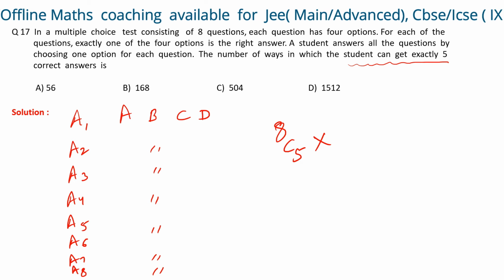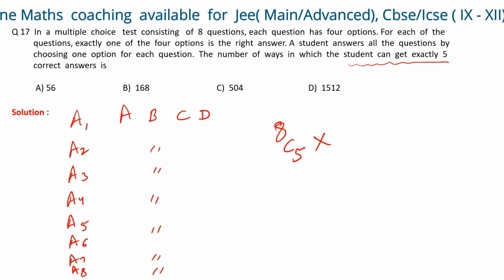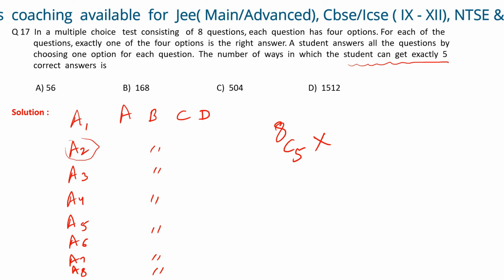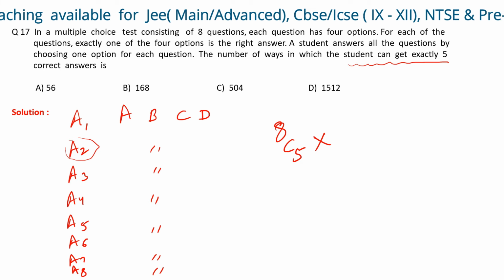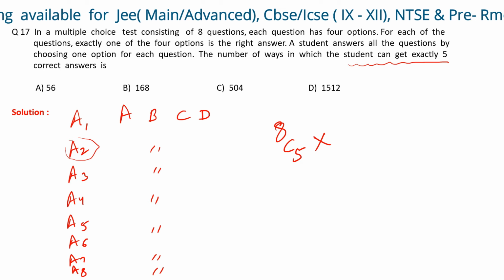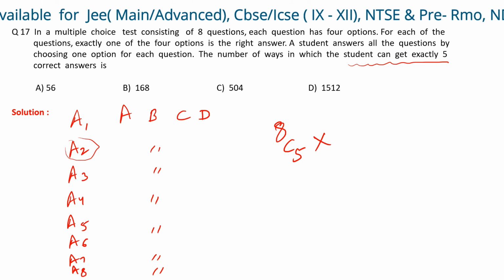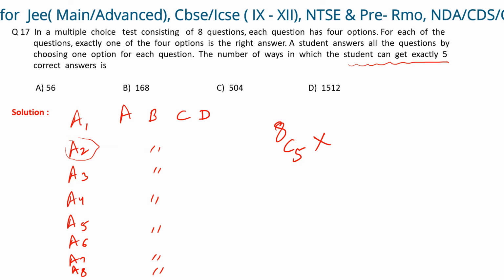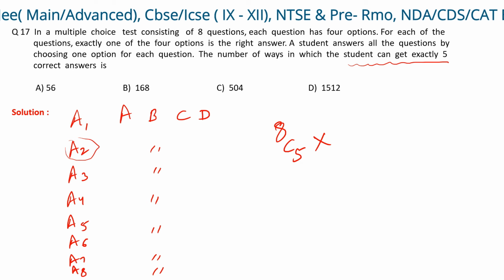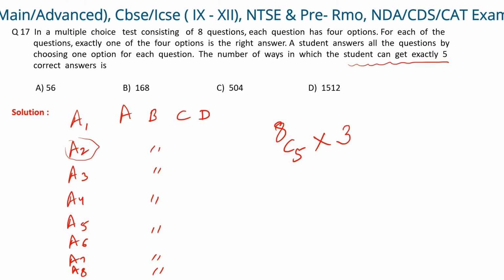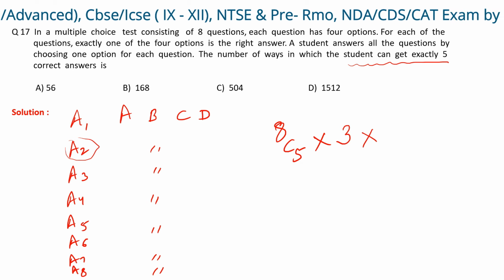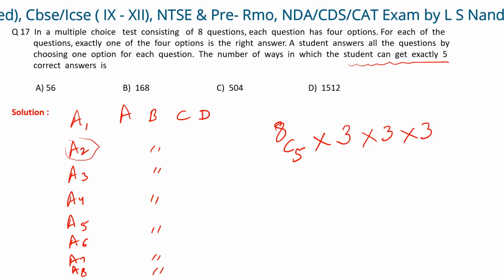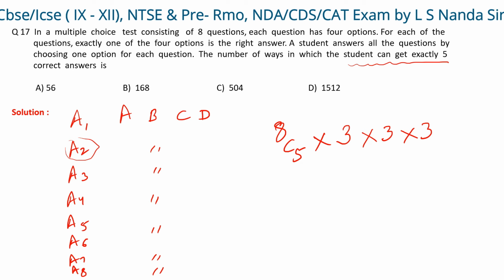That is most important, because suppose he attempts the A2 question wrongly, and suppose the correct answer of A2 is A, then either he can mark B, C or D, because he has to answer this question wrongly. So that means there are 3 options for one question, 3 options for another one, and 3 options again for the third one, because ultimately he has to mark 3 questions wrongly.